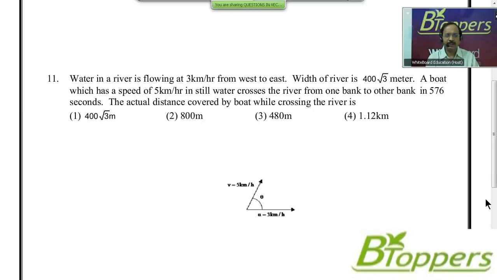A boat which has a speed of 5 km per hour in still water crosses the river from one bank to the other bank in 576 seconds.